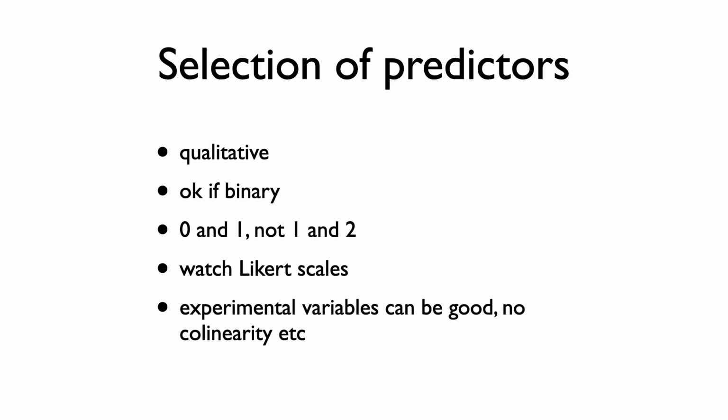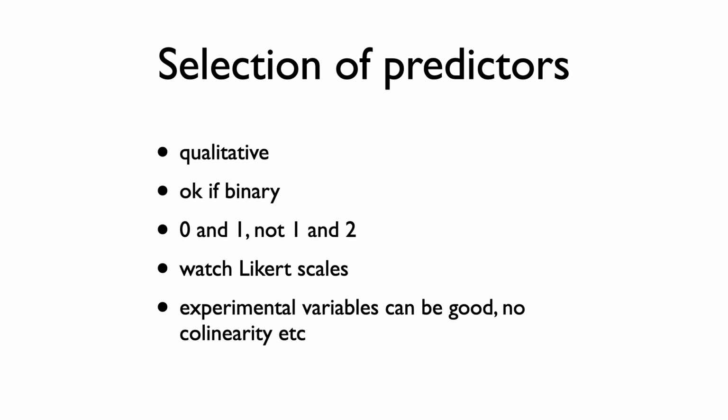We'll call that BC for black. So if a person has black hair, they score 1 on the black hair variable and 0 on all the other hair variables. If a person has blonde hair, they get a 1 here and 0s here. If the person has red hair, 1 here, 0s here.